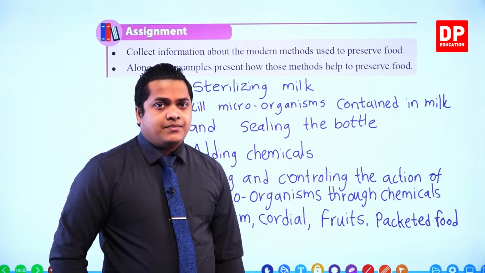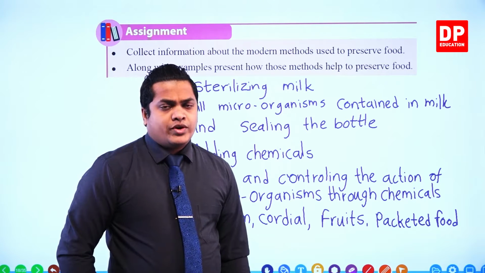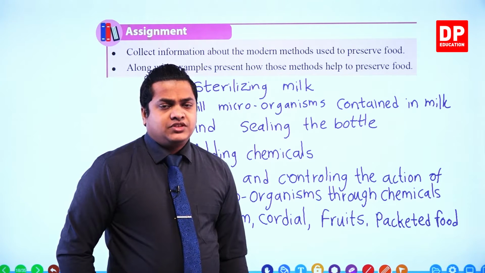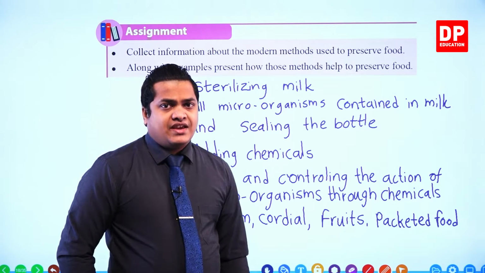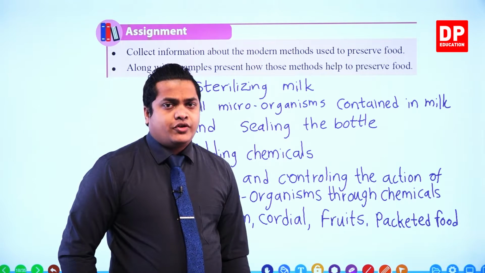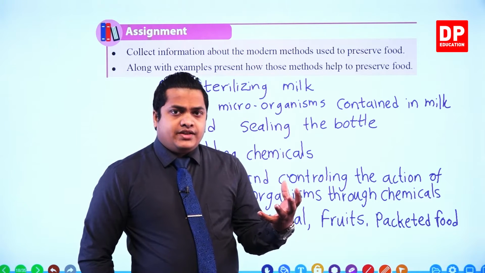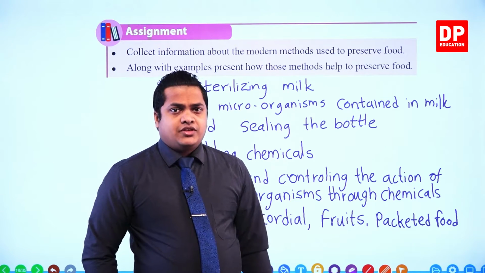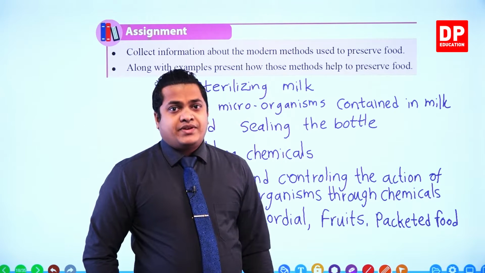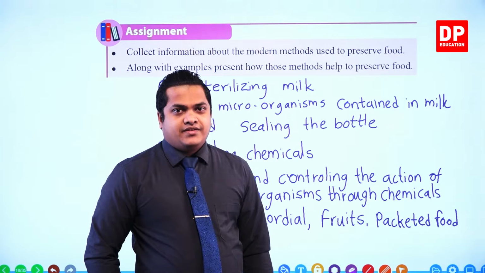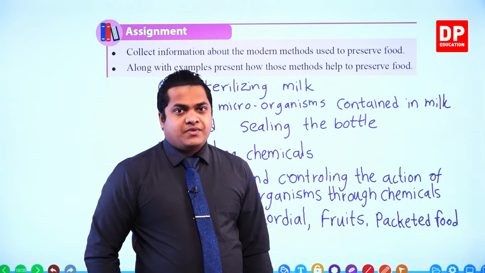Normally if you take cordial bottles, jam, and almost each and every packeted food which you are going to buy from supermarkets, if you check the ingredients, it is mentioned there. Permitted colors, additives and preservatives are being added.